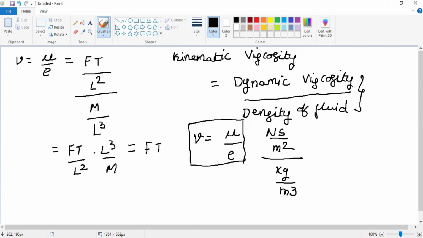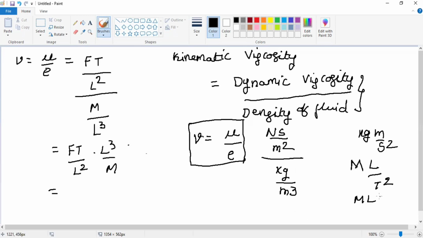F means force, and force has the unit of Newton. Newton means kg meter per second square. Kg means mass M, meter means length L, and second is T square.